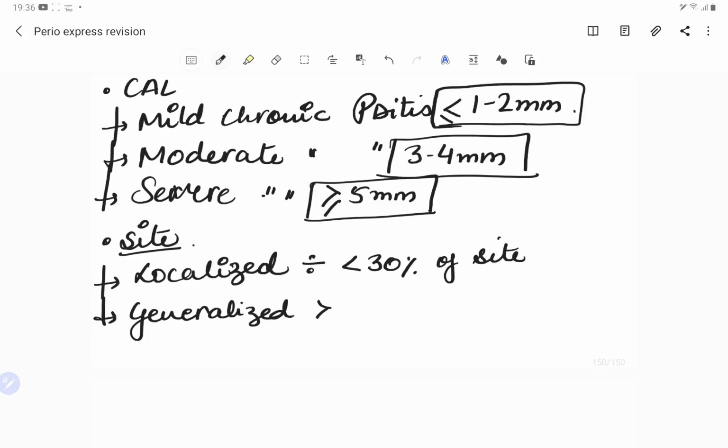When more than or equal to 30% of the teeth or sites show attachment loss and bone loss, we call it generalized chronic periodontitis.